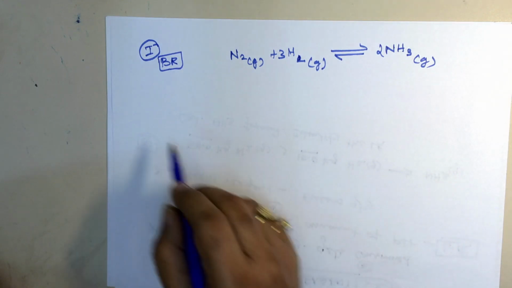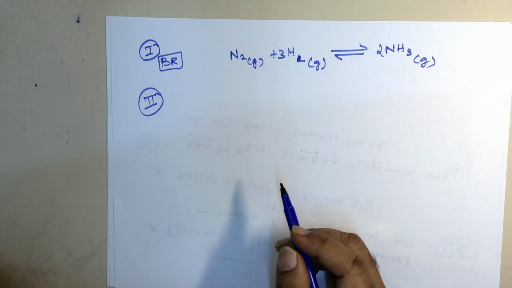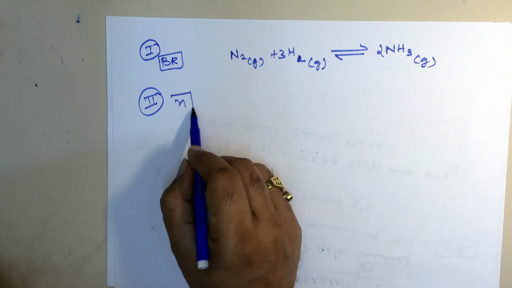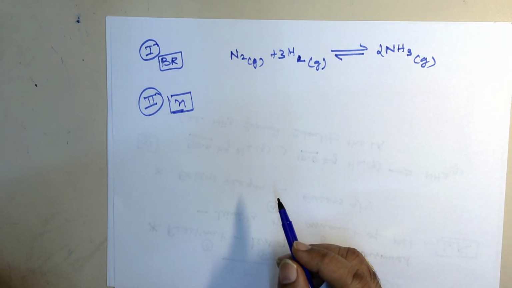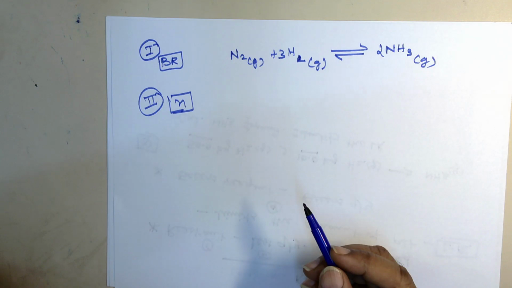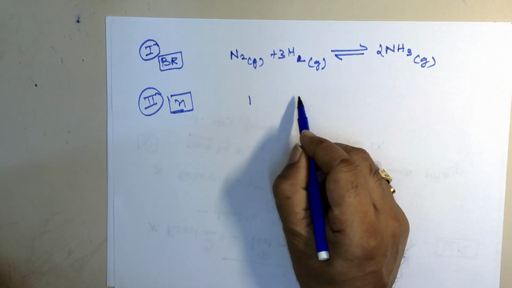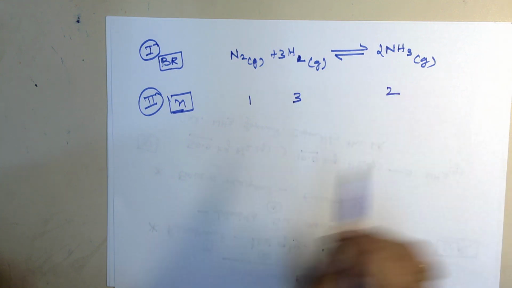Now let us calculate the moles aspect. We have to calculate the moles: 1 mole, 3 mole, 2 mole.